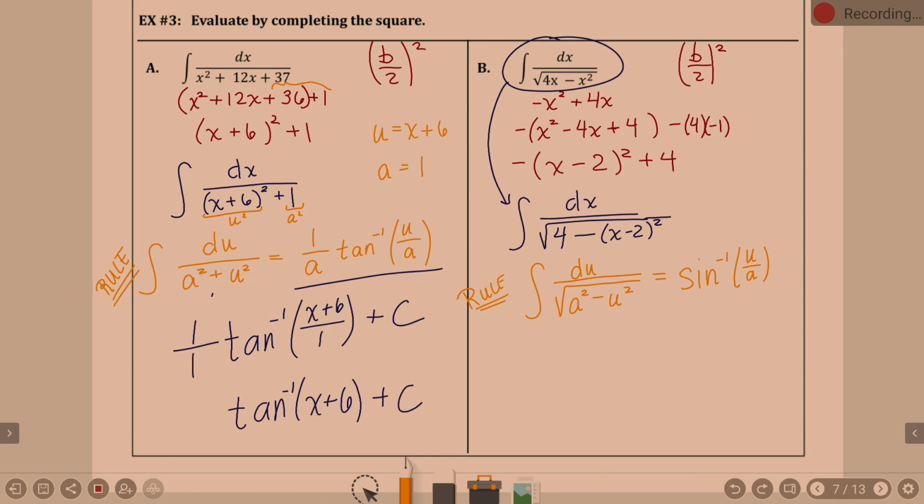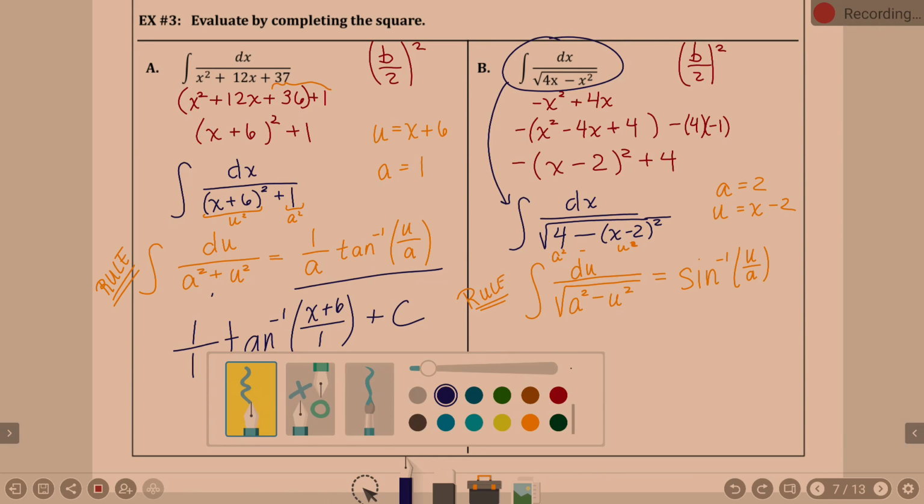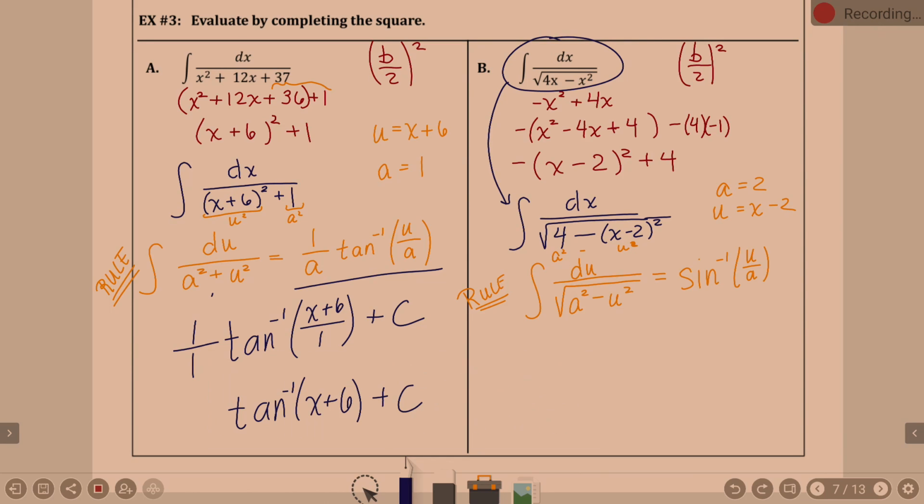A is the square root of 4, so 2, because this is a squared minus u squared. So a is 2 and u is x minus 2. So sine inverse of x minus 2 over 2.